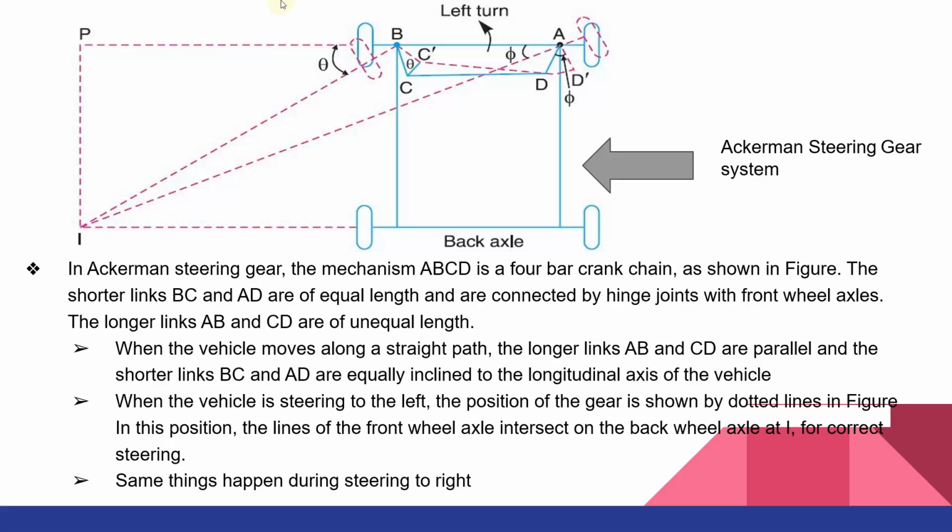When the vehicle turns to the left-hand side, you can see that the wheel on the left is turning through an angle of theta and the wheel on the right is turning through an angle of phi. Drawing imaginary lines, they meet at an imaginary point L, through which we can also draw a line that passes through the center of the rear wheel. So you can see the difference in angles theta and phi.